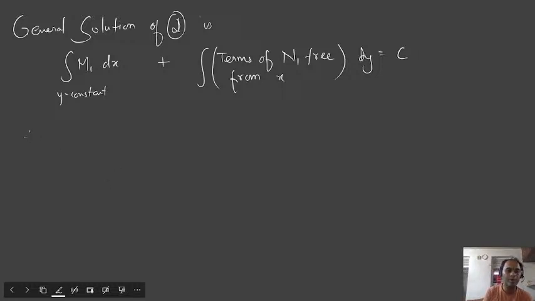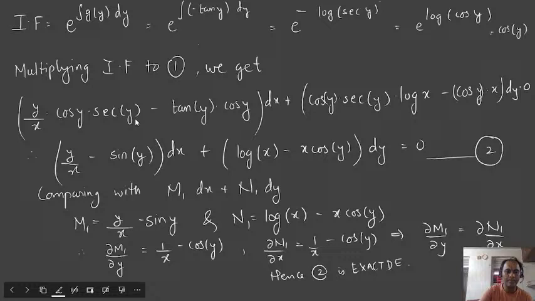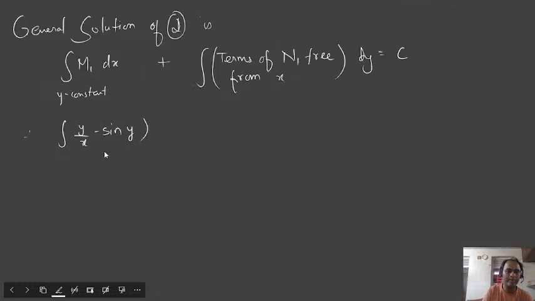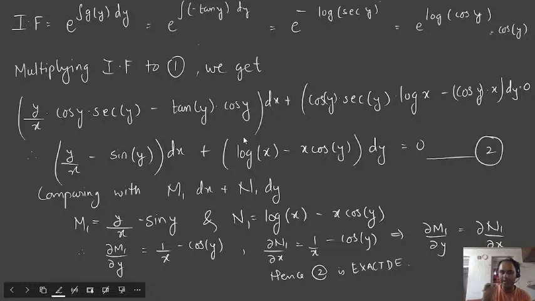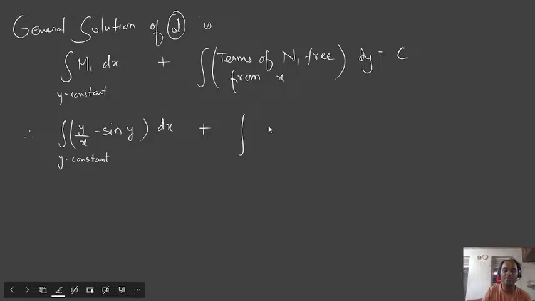So here now, when we are going to integrate this, it is integration of y by x minus sine y, right, dx, treating y constant, and terms of N1 free from x. Anything that is free from x we have to take, so N1 has nothing free from x, so here it is 0 dy equals to c.